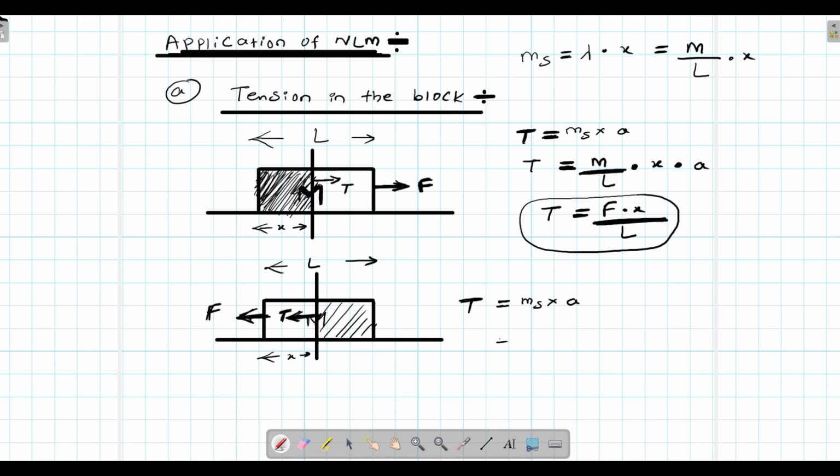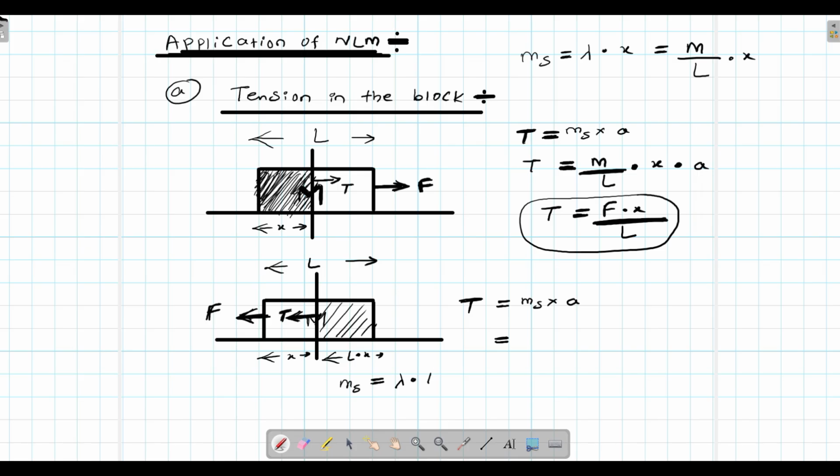So as tension equals mass into acceleration, mass of the shaded portion equals lambda into the remaining separation, L minus x.